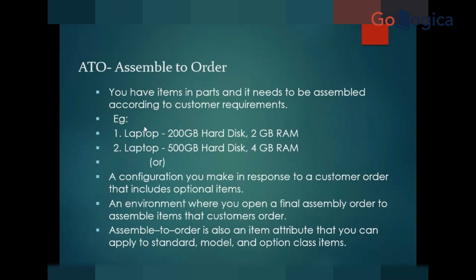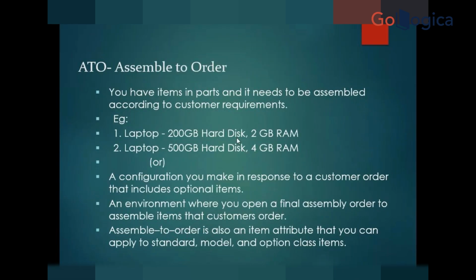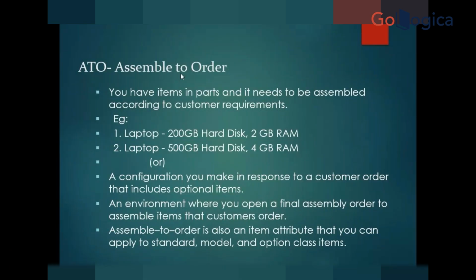The configuration, like suppose we have the laptop with a 200 GB hard disk, 2 GB RAM. All these act as an item for us. And another laptop configuration, 500 GB hard disk, 4 GB RAM, anything. So basically, what ATO is, is just an assembled word.